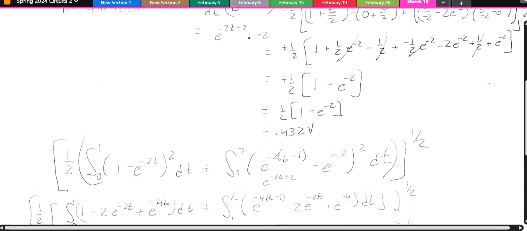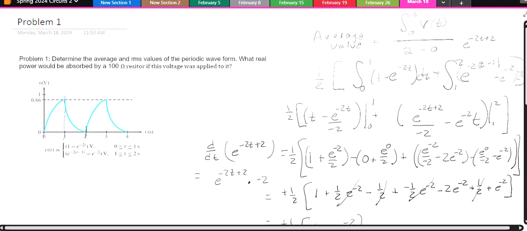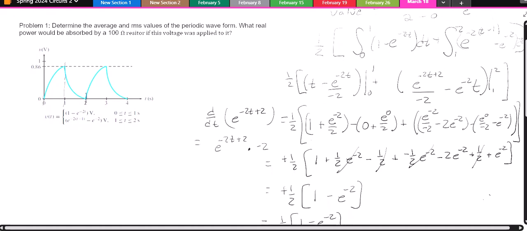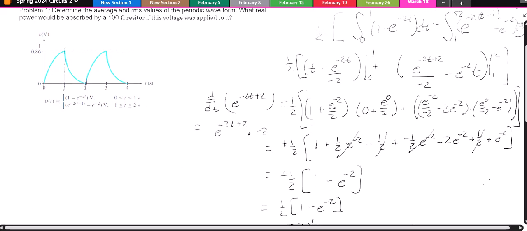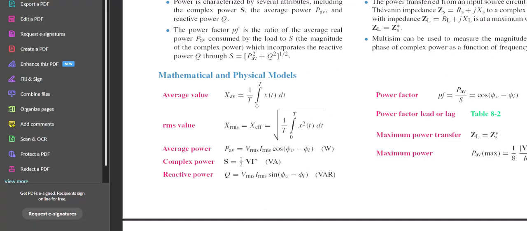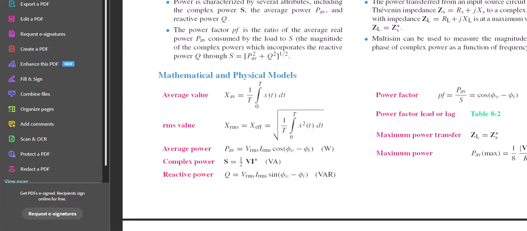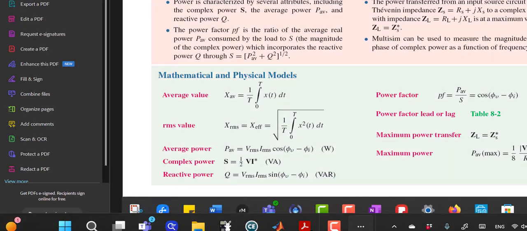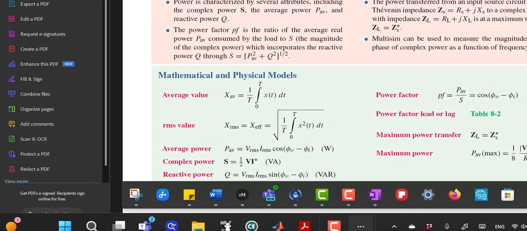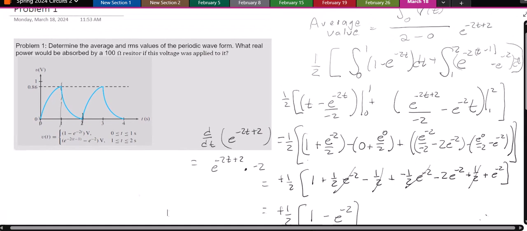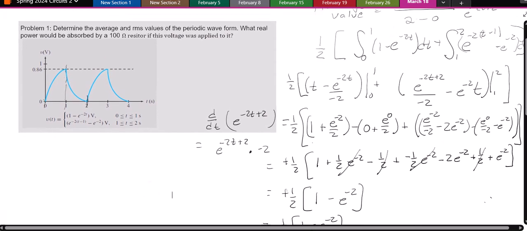Okay, and then the last part was what real power would be absorbed by a 100 ohm resistor if this voltage was applied to it. Well, in this instance, our voltage is real.